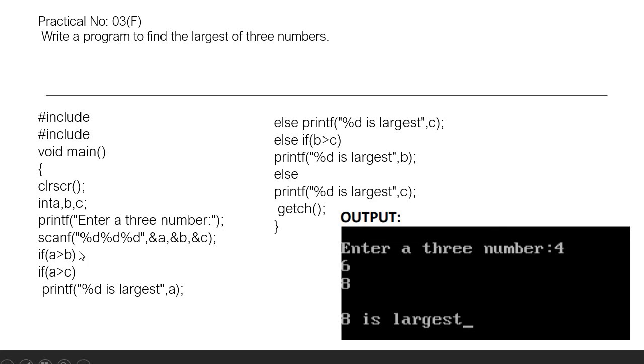So you can see over here, within the if statement, it will check whether A is greater or not. Within the else if, it will see whether my B is greater, and if both the conditions are not satisfied, then it will print my third part, that is my else part, that is C is the largest. You can see over here the output. I have entered 3 different values and accordingly I am getting the output.